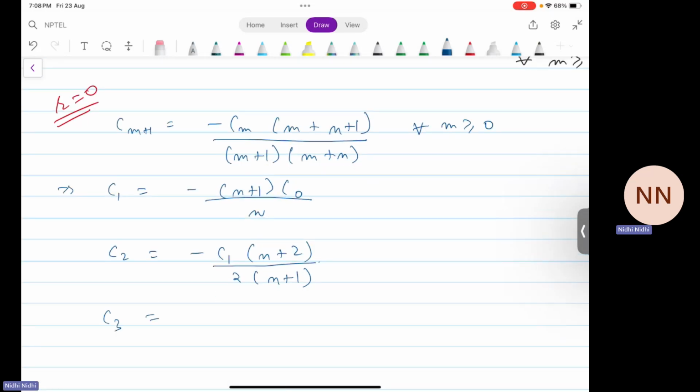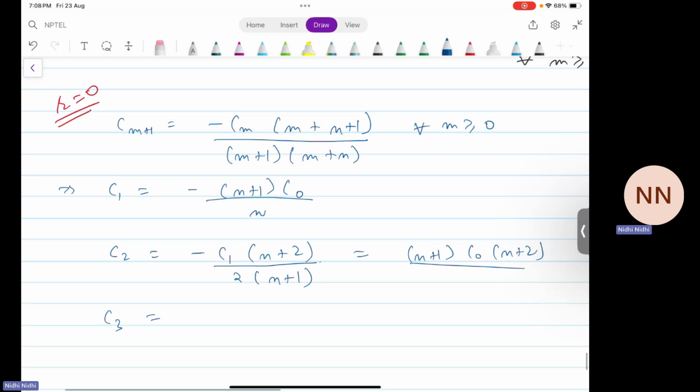C3 is equal to n plus 1 C naught n plus 2 by 2n n plus 1. So this n plus 1 gets cancelled out. We're left with n plus 2 by 2n C naught.